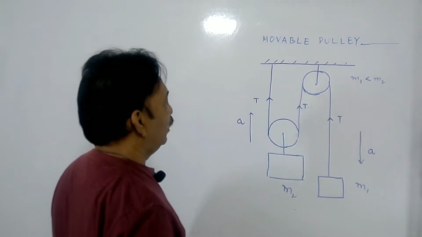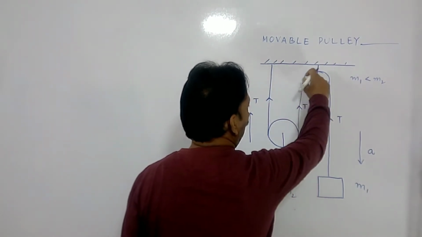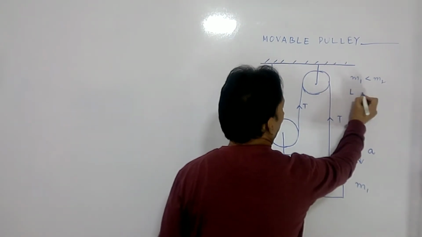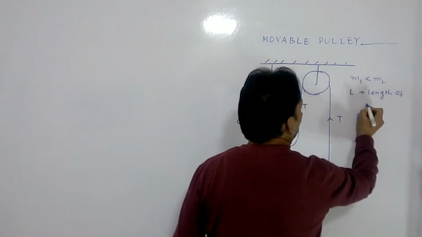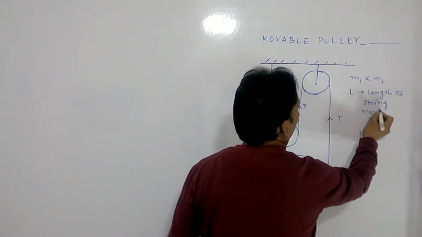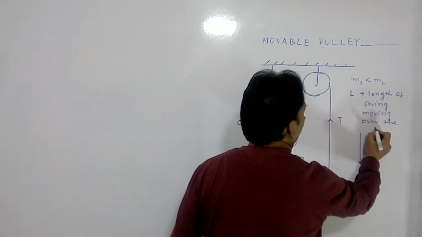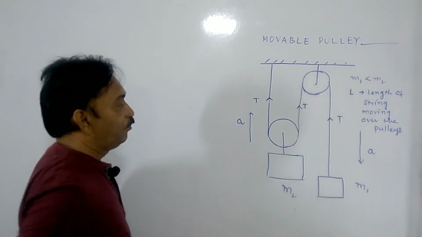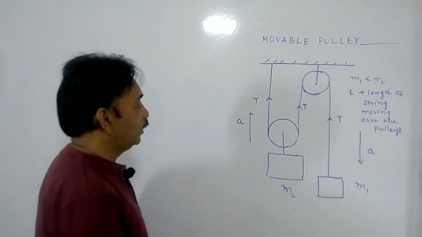Let's say the length of the string which is attached over the pulleys is L. I am taking the total length as L. L is the length of the string moving over the pulleys.